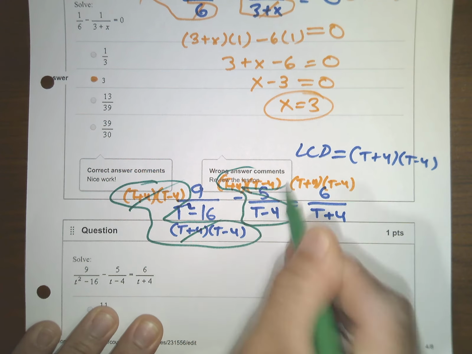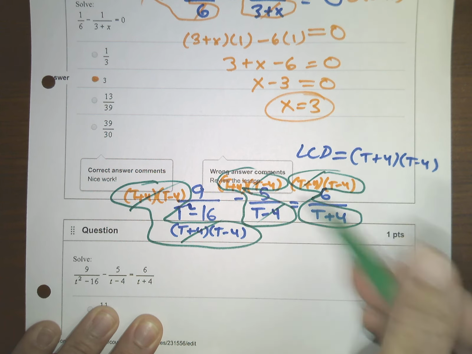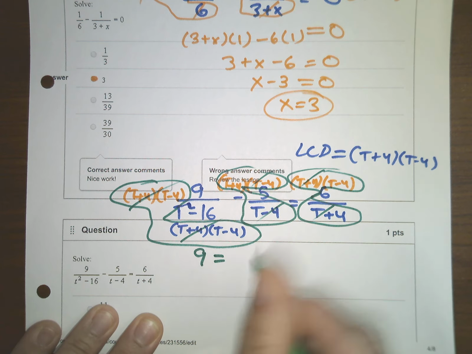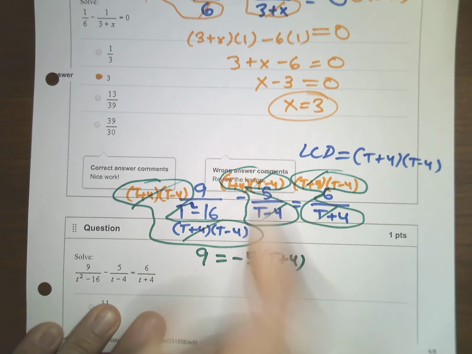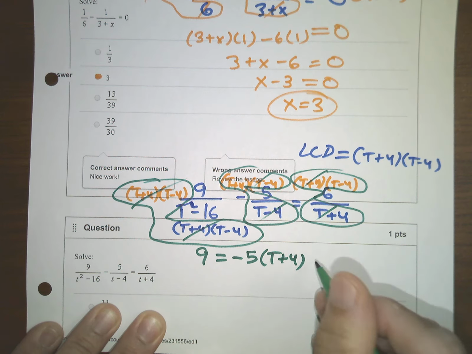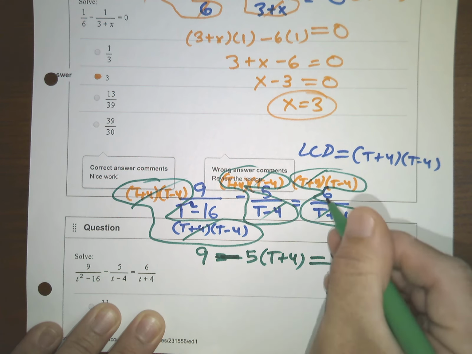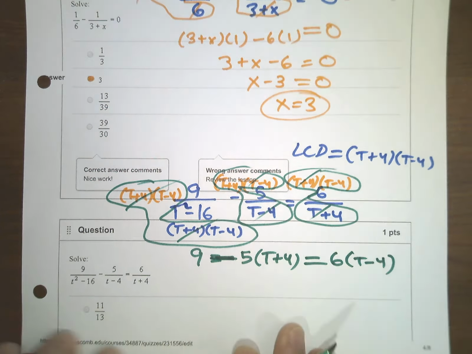Then here I see the t minus 4 divides out, and here I see that the t plus 4 divides out, so I have 9 is equal to, we still have the negative 5, so negative 5 times the t plus 4 that did not get divided out. That will be minus, not equal. And then we have the 6 times the t minus 4 that did not get divided out.